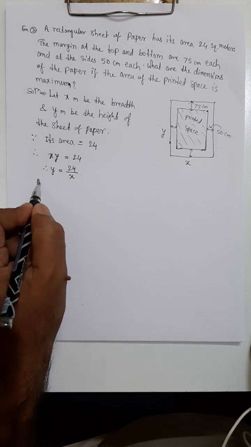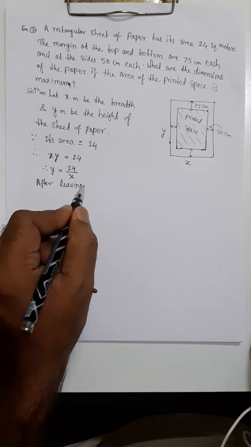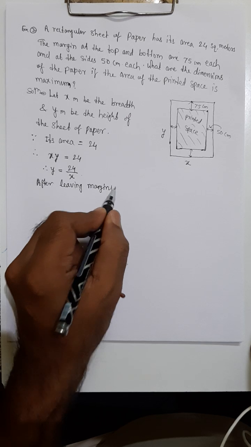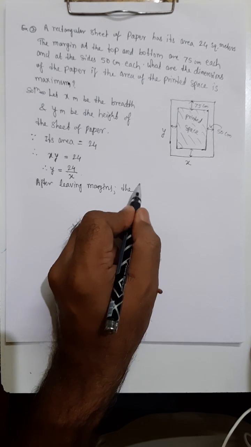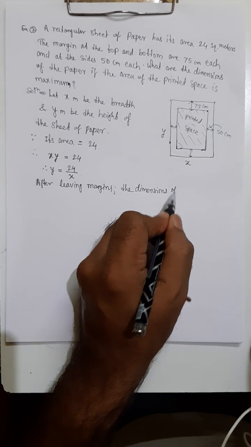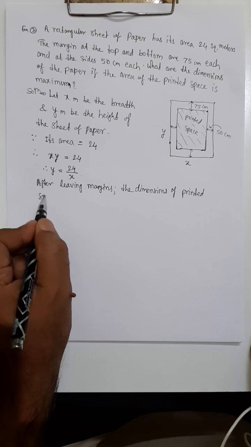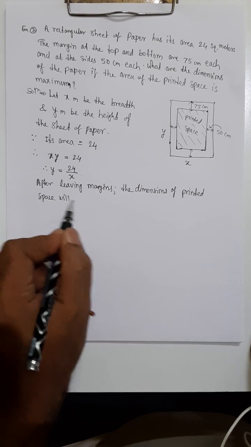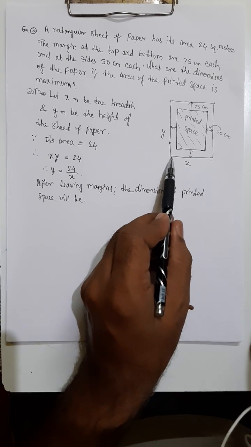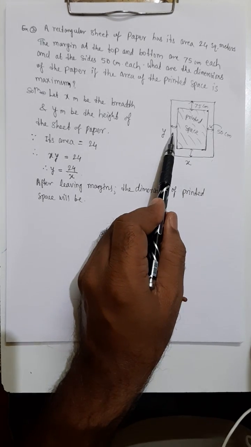So after leaving margins, the dimensions of printed space will be, here breadth will be, total breadth of the sheet of paper is x, and we leave margin 50 centimeter here and 50 centimeter here.